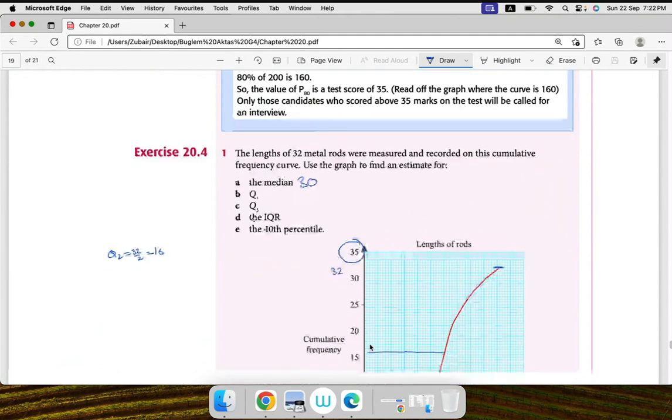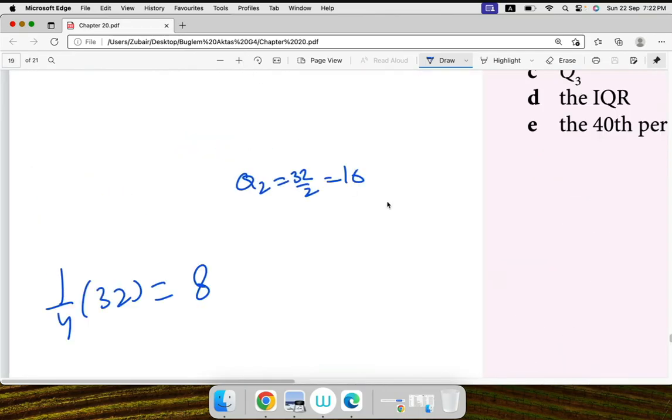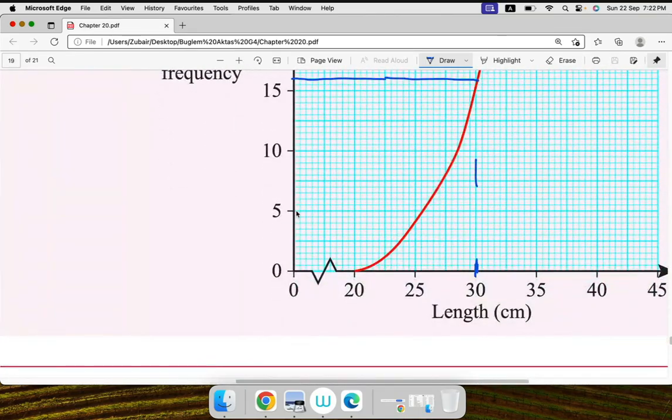Then Q1, 1 by 4 of 32 or 25% of 32 is 8. Every two boxes is 1: 5, 6, 7, 8. So it has to be 27.5.